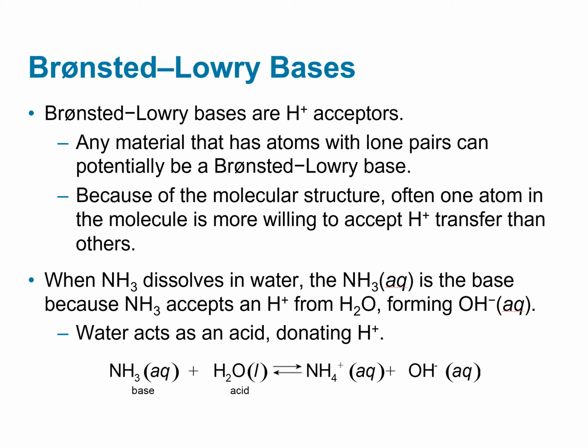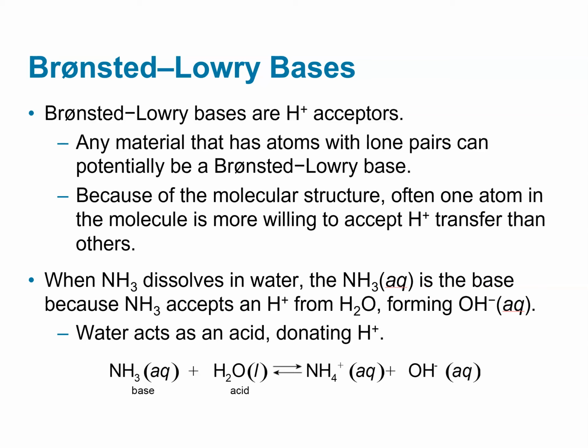So, the opposite of this is, what's a Bronsted-Lowry base? It's a compound which accepts protons. So technically, any material which has atoms within the molecule which have a lone pair could potentially be a Bronsted-Lowry base.